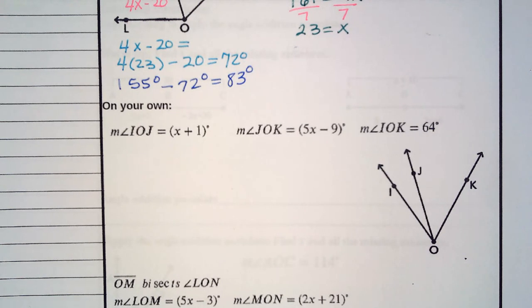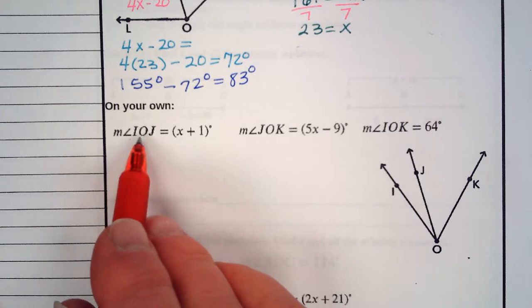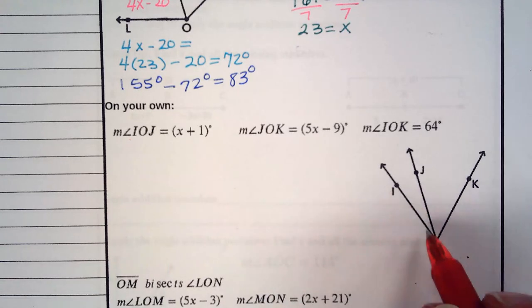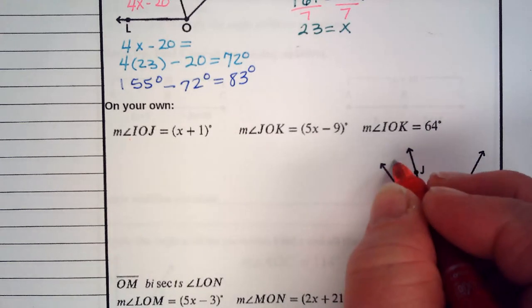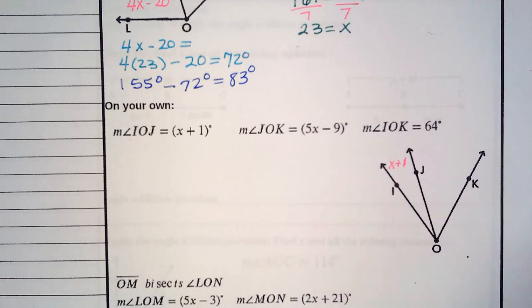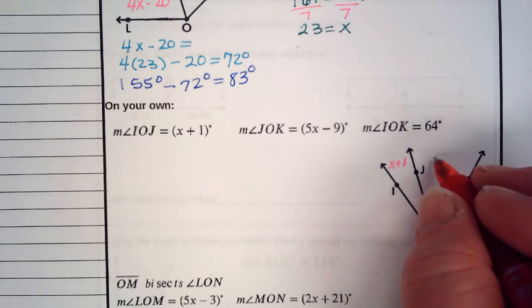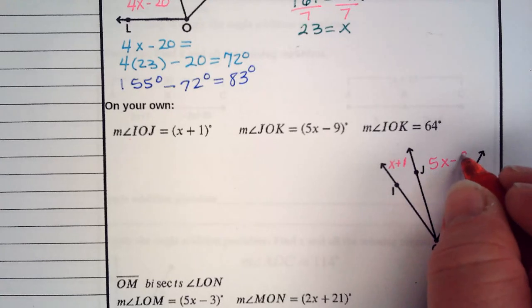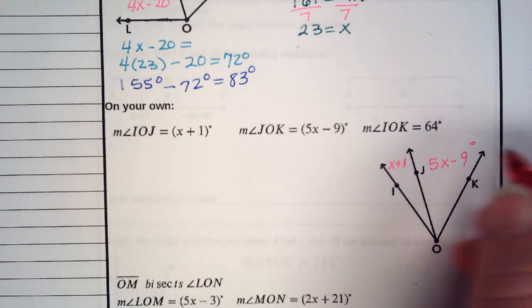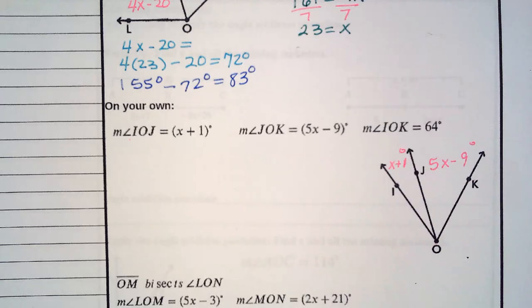So if you're going to do the diagram correctly, IOJ, x plus 1, JOK, 5x minus 9. Remember, these are in degrees. What do I know about their total? Their total is 64 degrees.